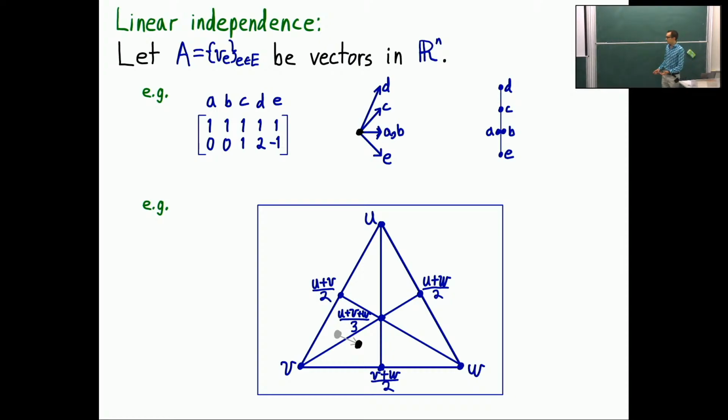And if the drawing is small enough, you can determine what the independent subsets are. So this drawing describes linear independence over the reals. Okay, so that's actual linear independence.